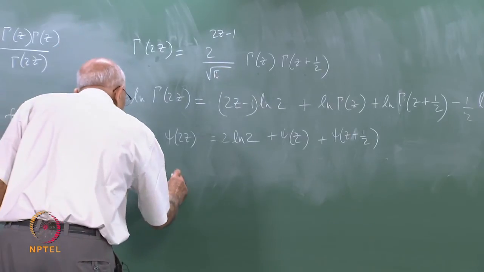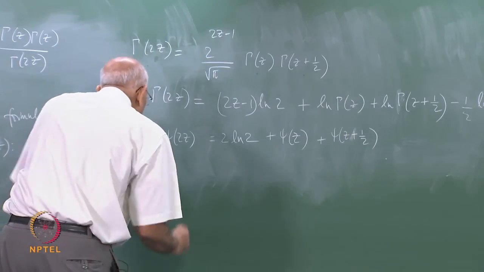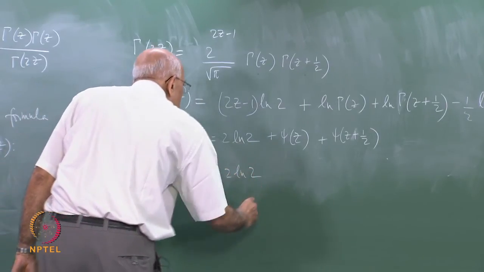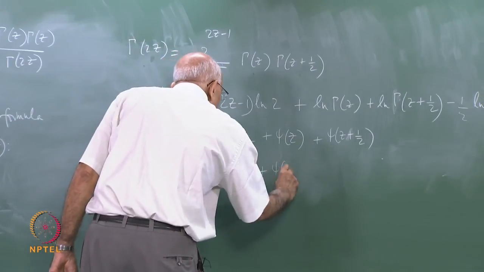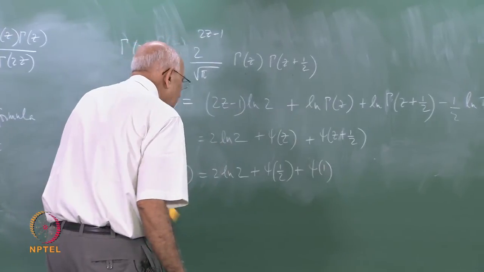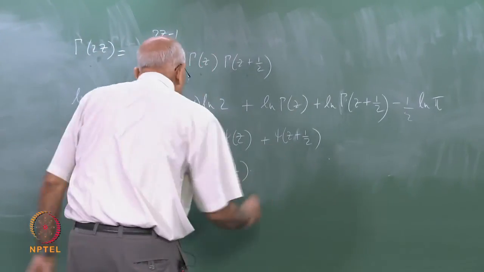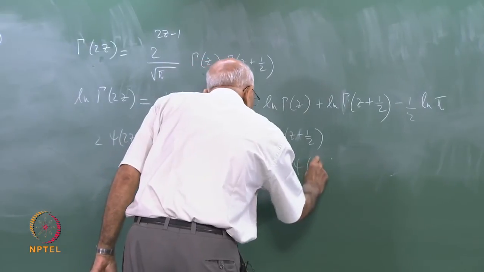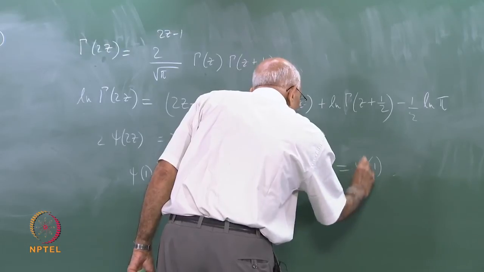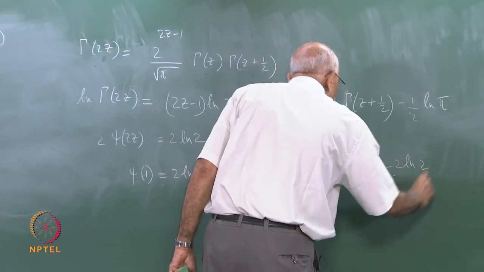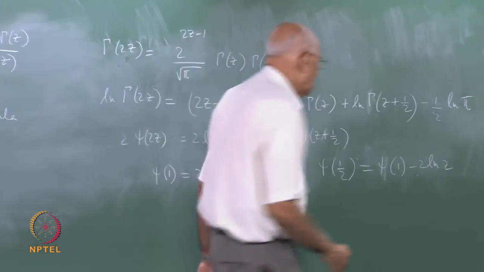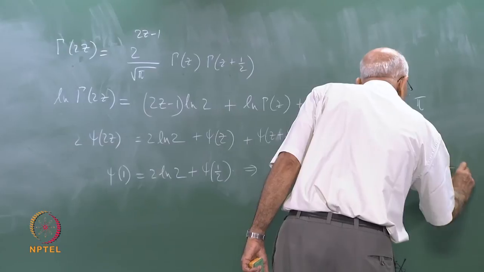If you put z equal to half, you get 2 psi of 1 equal to 2 log 2 plus psi of half plus psi of 1. So, this goes away. So this implies that psi of half equal to psi of 1 minus 2 log 2, and what is psi of 1? We already discovered what it was, minus gamma. So this is equal to minus gamma minus 2 log 2.